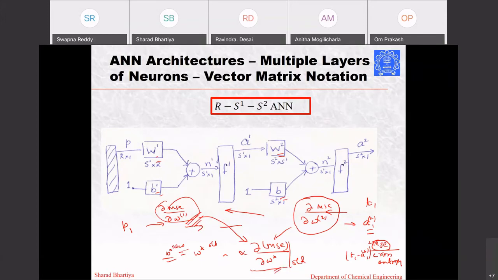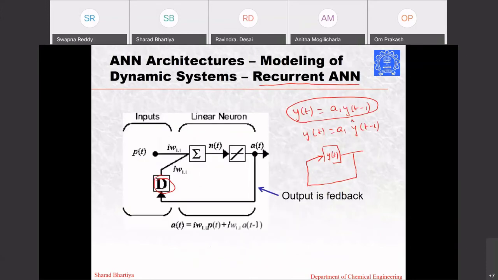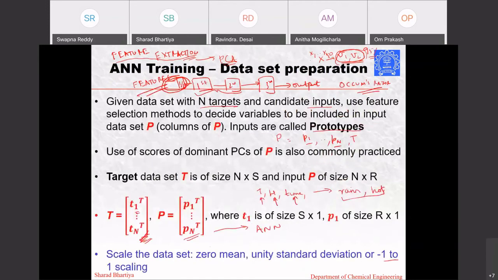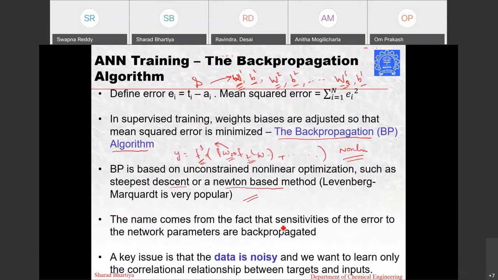So that was essentially the backpropagation algorithm. And as I told you, although I didn't describe what a sensitivity is exactly, the sensitivities of the error to the network parameters are backpropagated.